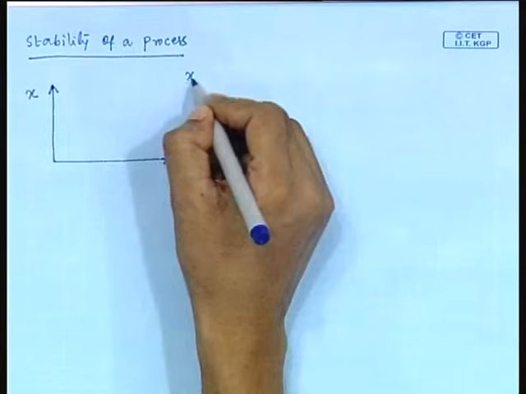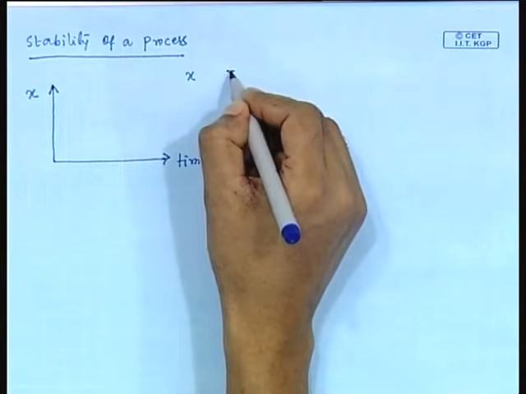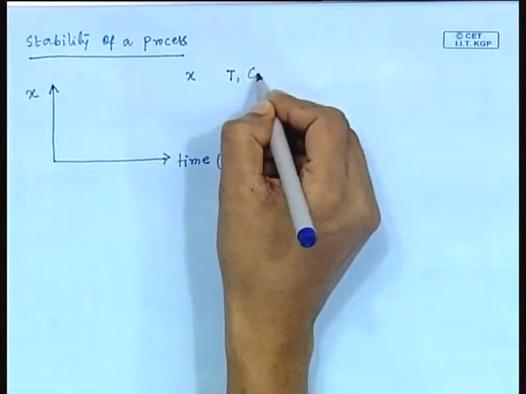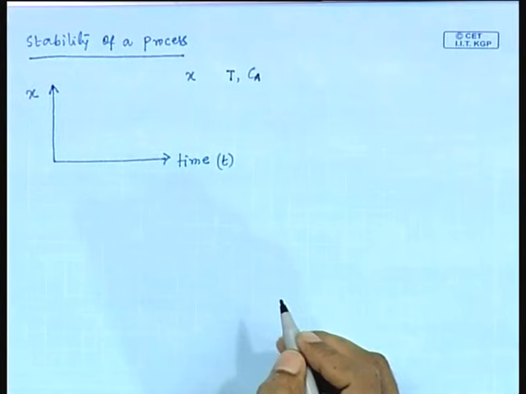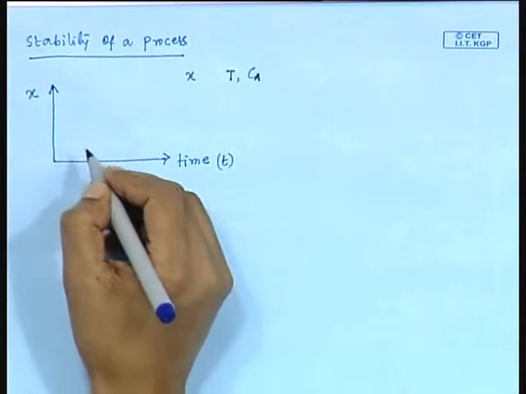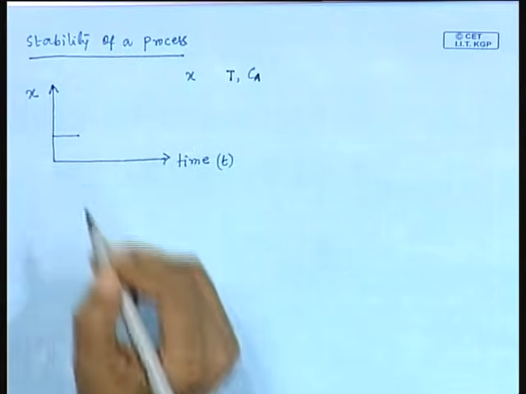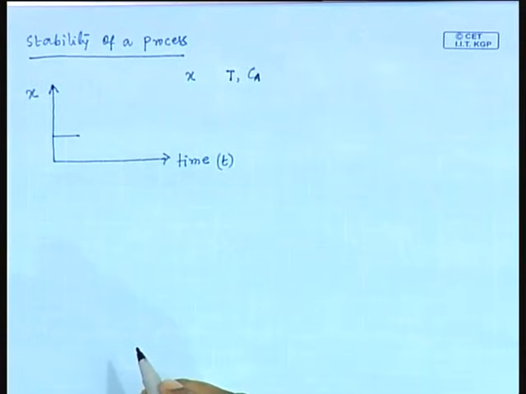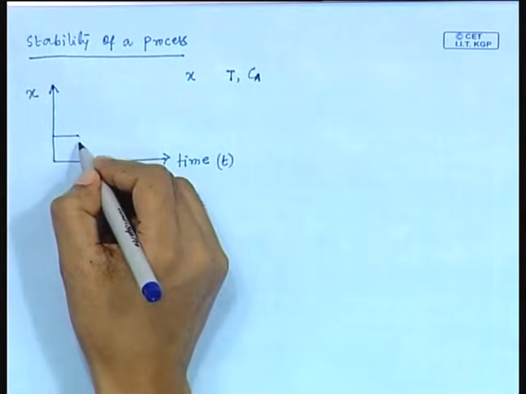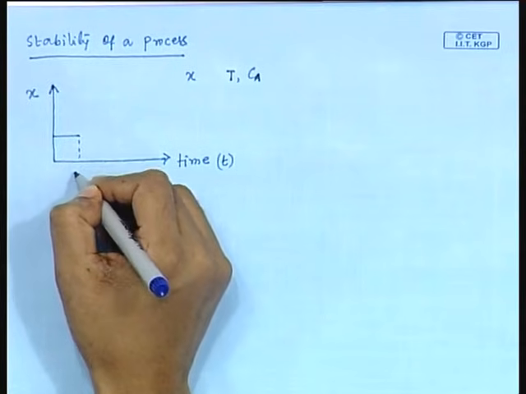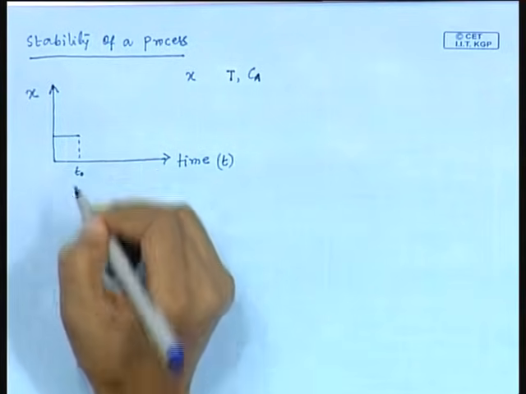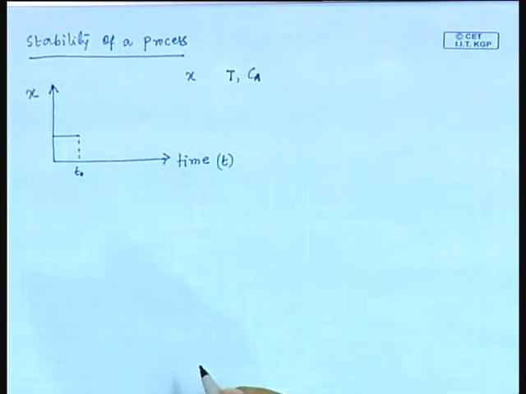This x may be temperature, x may be concentration, fine. Now, as I mentioned, initially the process is at steady state. Now, at time t equals t naught, the x is disturbed.